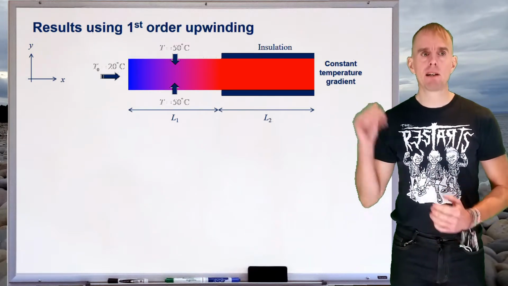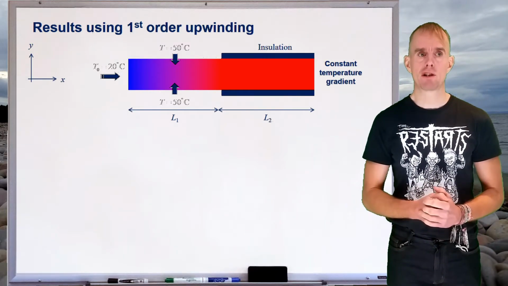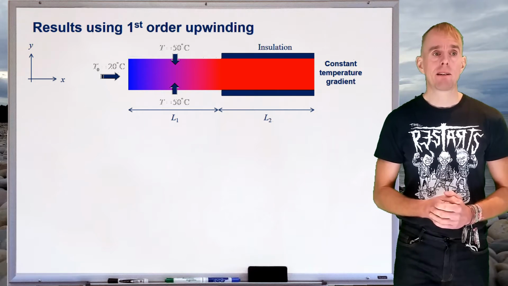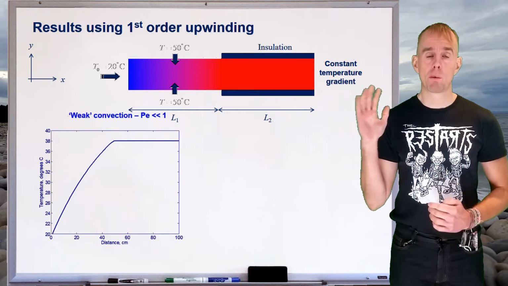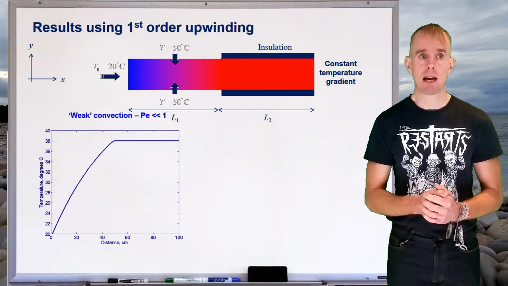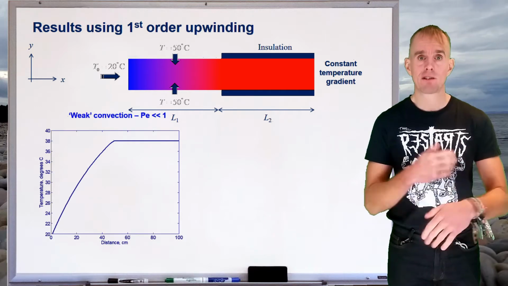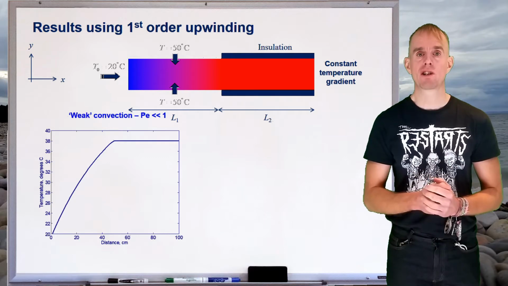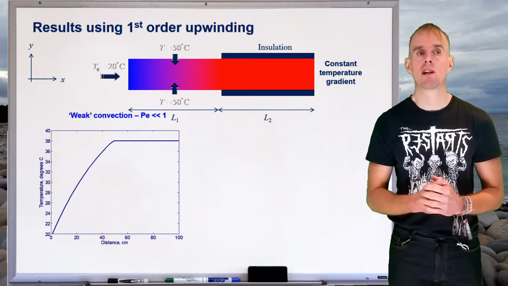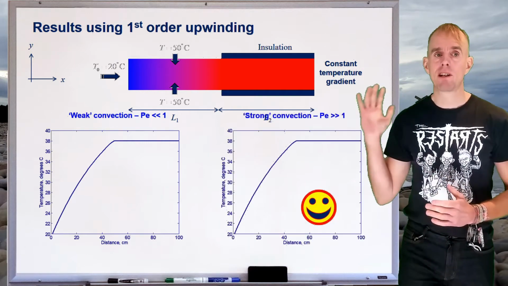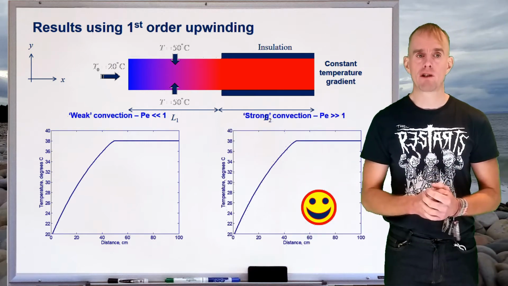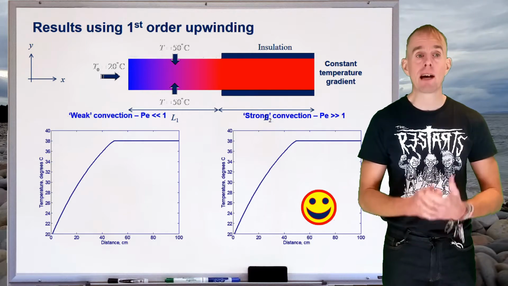Here is a reminder of the flow situation that we've got, and here is the solution that we saw before for weak convection. Now let's run the solution again with that changed discretization, that upwind discretization for my convection terms, and we see that our previously unstable solution is now stable, and so that looks really good.